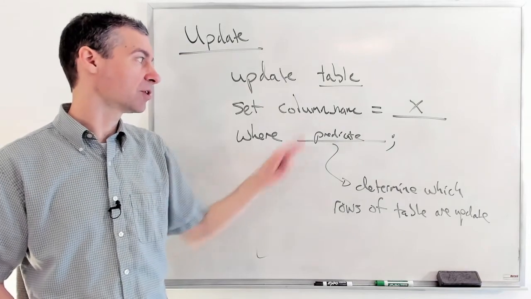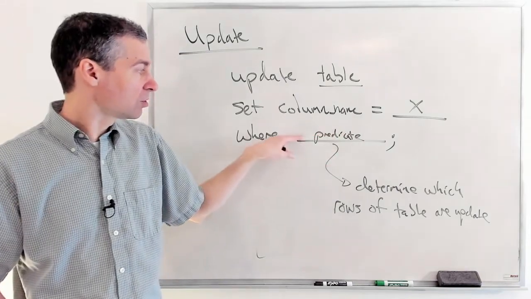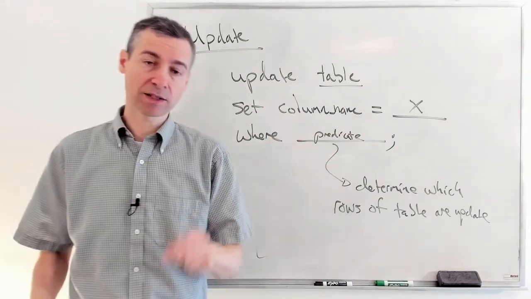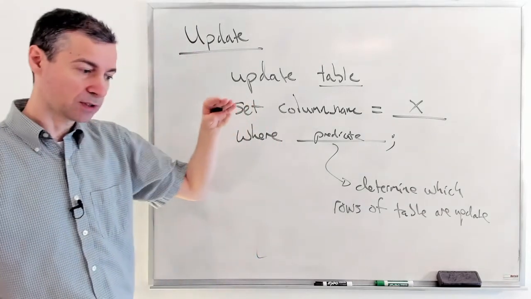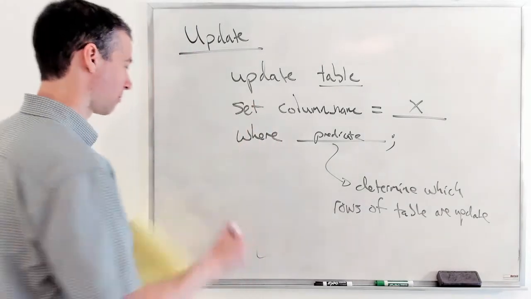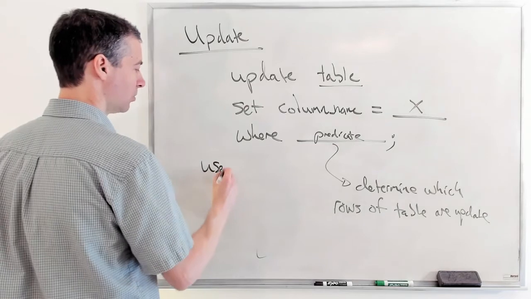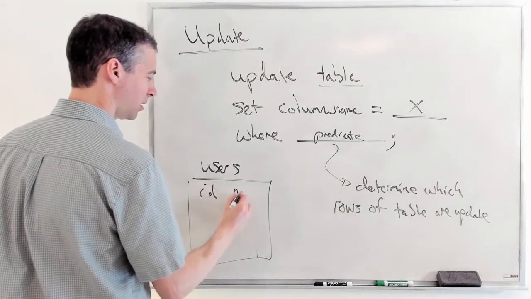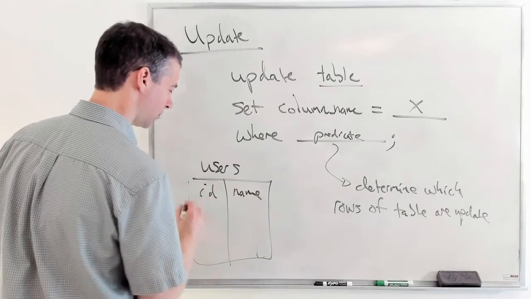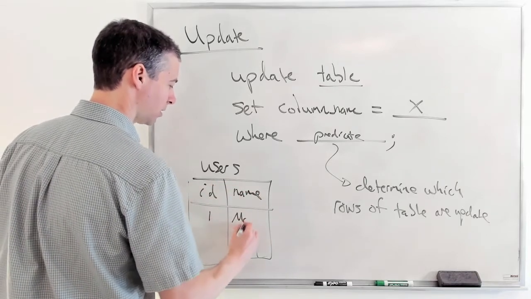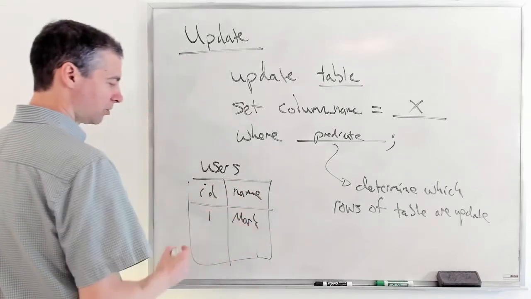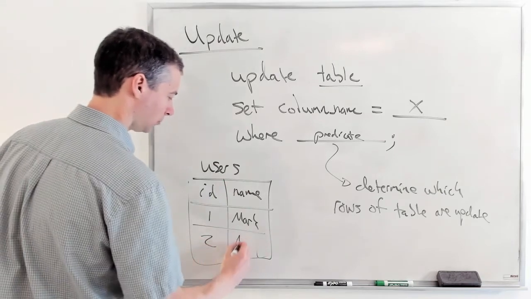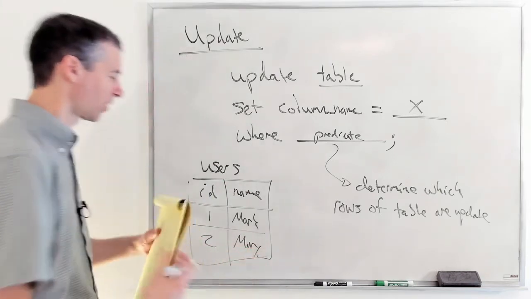What your goal usually is, and you're going to see this lots, is we have these database tables. Again, take users. You're going to have users with an ID and a name, and a unique ID for each user, Mark and Mary.